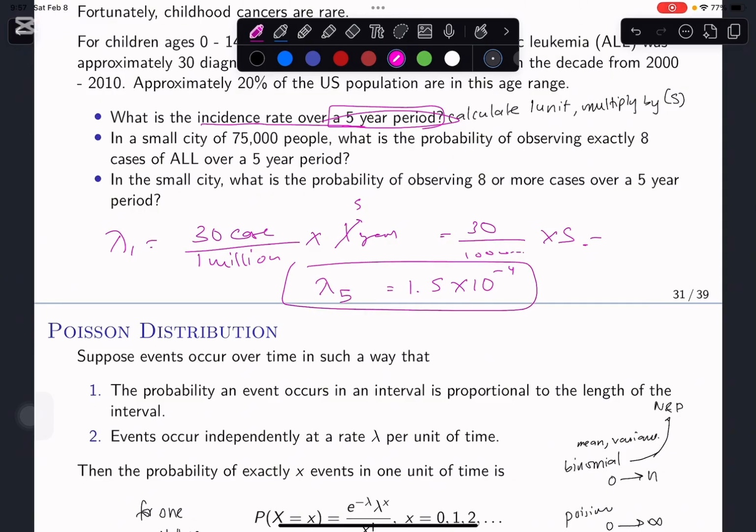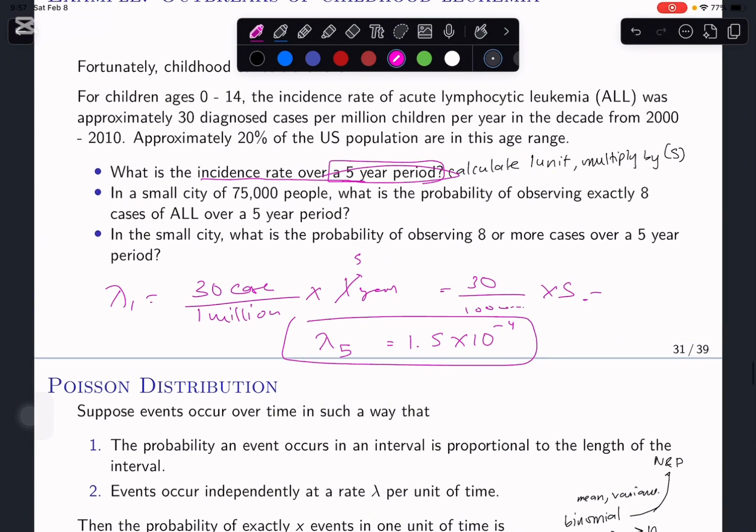Alright, now the other part of the question says in a city of 75,000 people. So we have a city with 75,000 people, from the young to the old, everyone included. What's the probability of observing exactly 8 cases over a 5-year period?